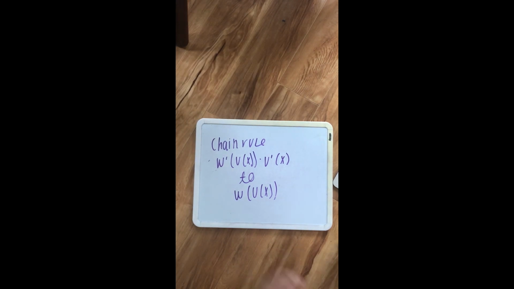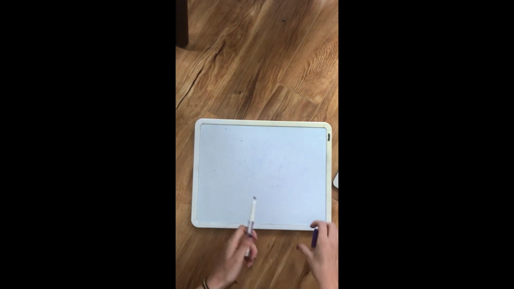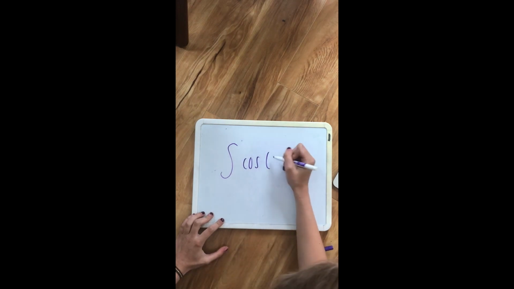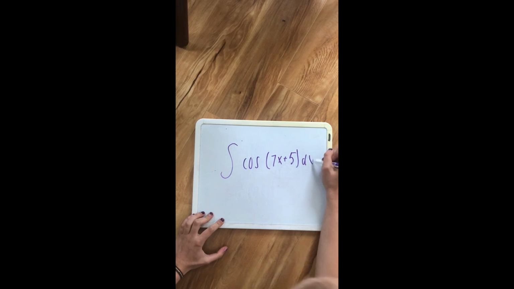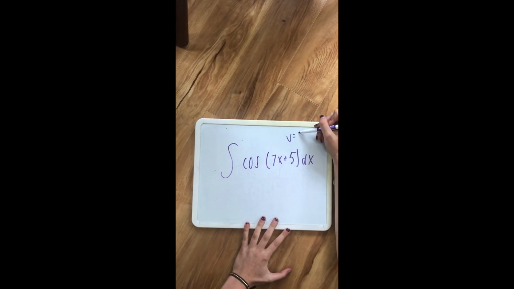So say we are asked to find the integral of cosine of 7x plus 5. First, we will start by assigning u to the term 7x plus 5.